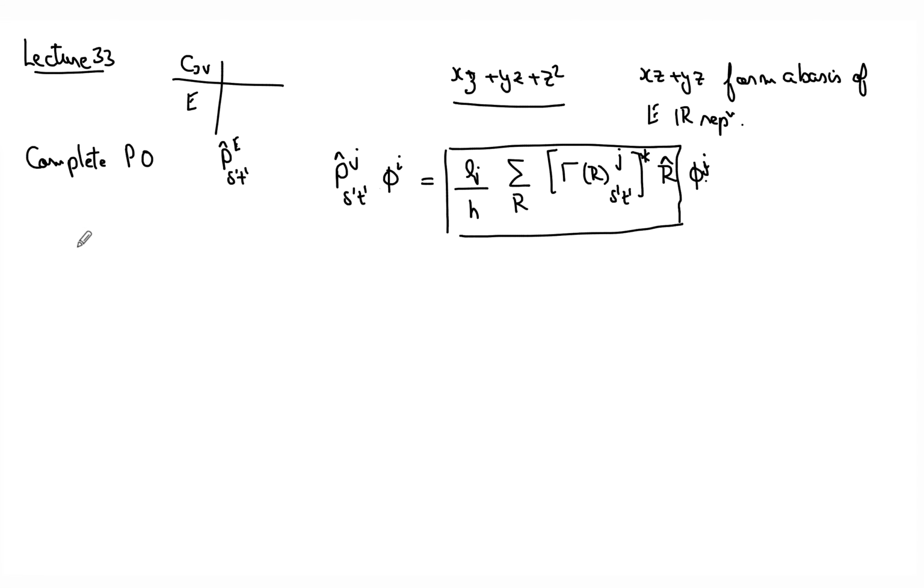Now let us see how we can obtain a similar result using the incomplete projection operator. So let us see what the incomplete projection operator is. Although it is incomplete, it gives you the same result with slight human intervention.